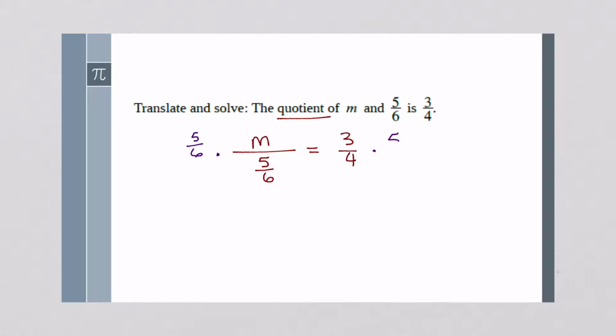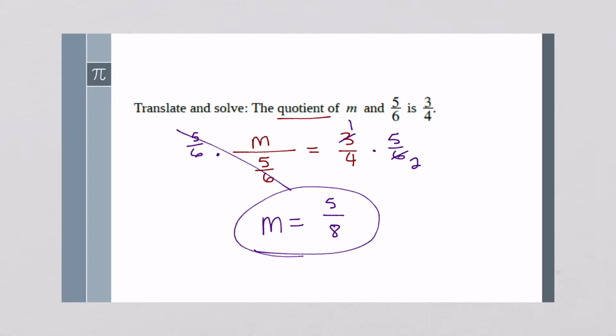So multiply by 5/6 on both sides. So that cancels that. M is equal to, now I can reduce the 3 and the 6. Can't reduce the 5 and the 4. So now I just multiply straight across. 1 times 5 is 5. 4 times 2 is 8. M is equal to 5/8.